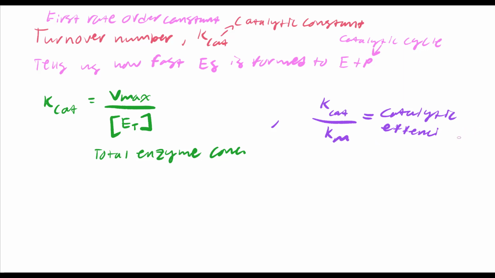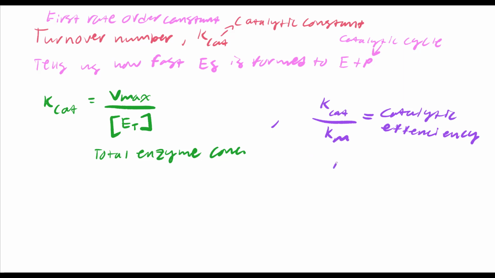Of course, I misspelled it. Right, so that is the catalytic efficiency. So how much does the enzyme grab the substrate and help it out, divided by how much does the enzyme love it?